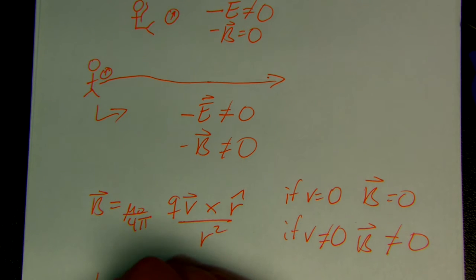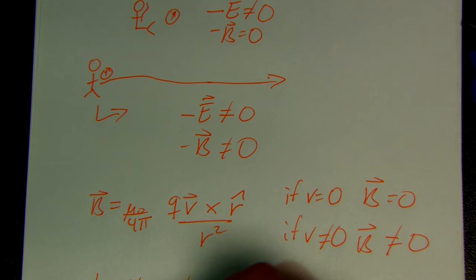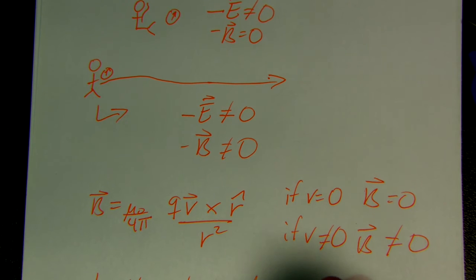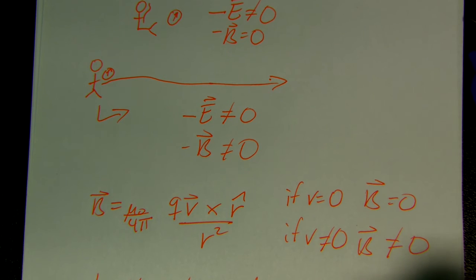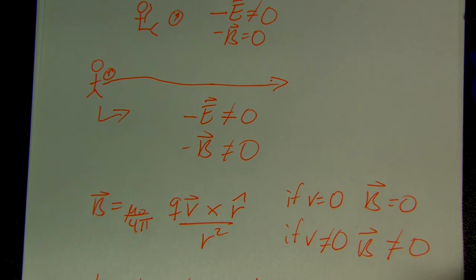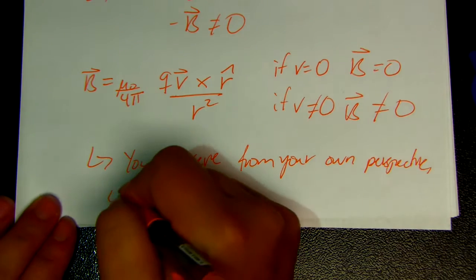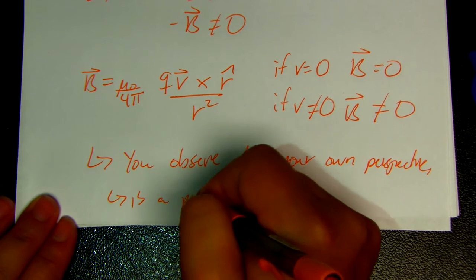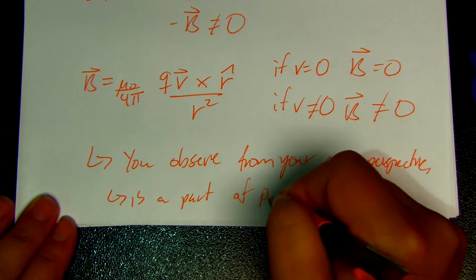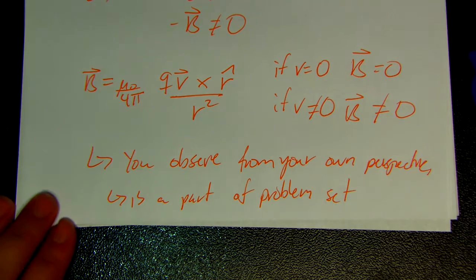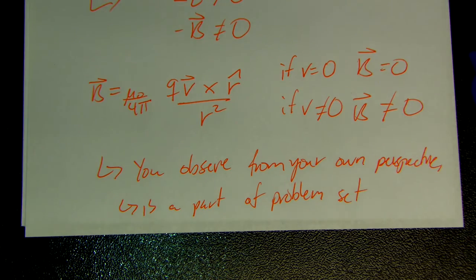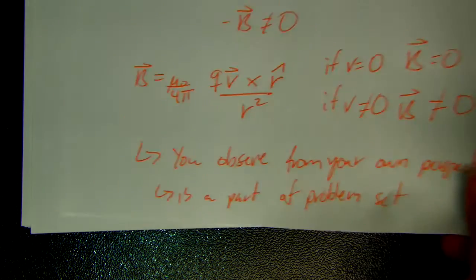Well, you observe from your own perspective. Which, when you do relativity, is a part of problem setup. And we'll see a little bit more relativity at the end of Physics 2, and we'll get to see a lot more in Physics 3.